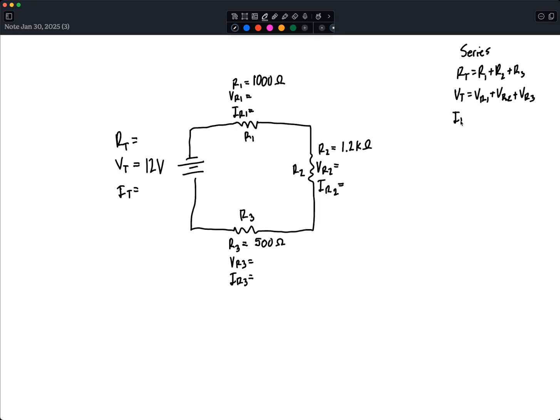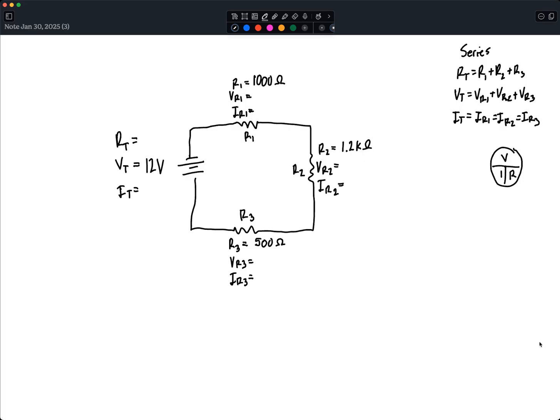And IT in a series circuit equals IR1 equals IR2 equals IR3. So we're going to use all of that plus our Ohm's law to solve for all of these missing numbers.